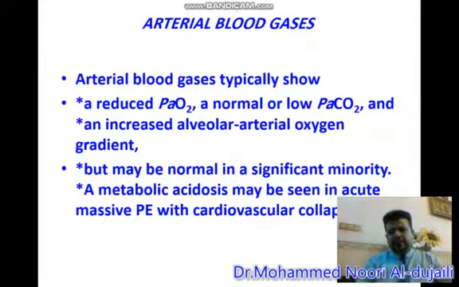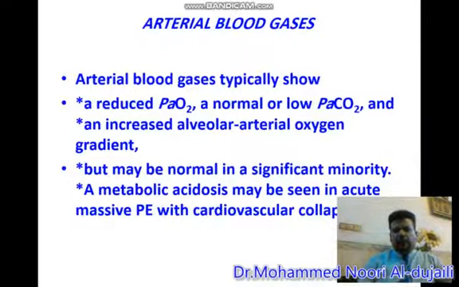Arterial blood gases. If the embolism is massive, there is a decrease in arterial oxygen and normal or decreased arterial CO2, PaCO2. As it becomes small to medium size, there may be a lesser degree of hypoxia and a lesser degree of metabolic acidosis.